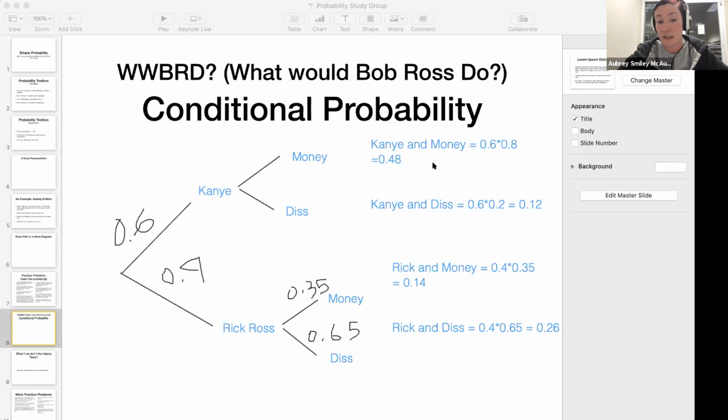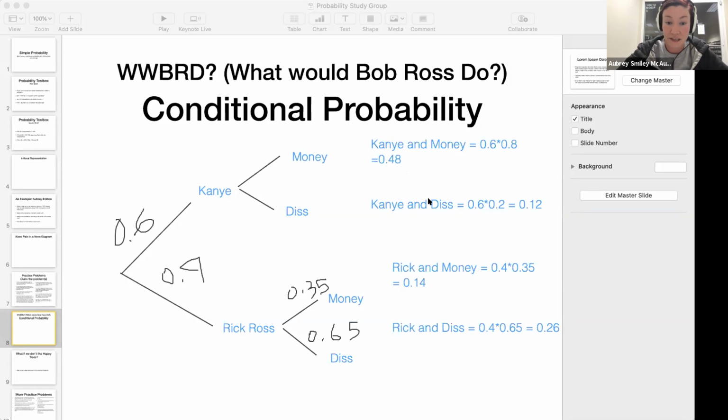So if A times B equals C, and you have C and you have A, you can do a little bit of algebra and solve for the probability of money. So if we were to do our algebra, you would find that 0.6 must be multiplied by 0.8 in order to get 0.48. So we can work backwards and solve for every branch in the tree.